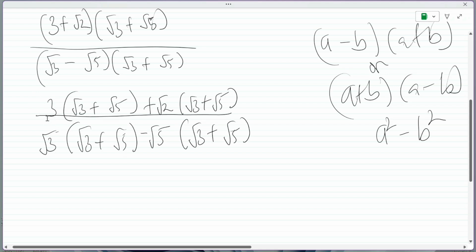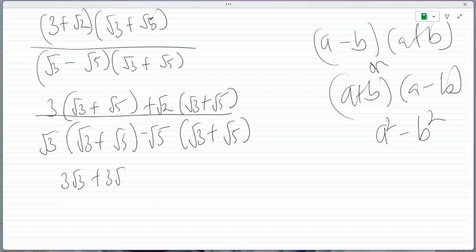We expand. We have 3 times root 3 and 3 times root 5. These 3 affects both the root 3 and the root 5. Let's start with root 3 times root 3. Root 3 times root 3 is 3 root 3. By now, you should be very good with multiplying surds after watching multiplication of surds. So you have 3 times root 3 is 3 root 3. 3 times root 5 is 3 root 5.